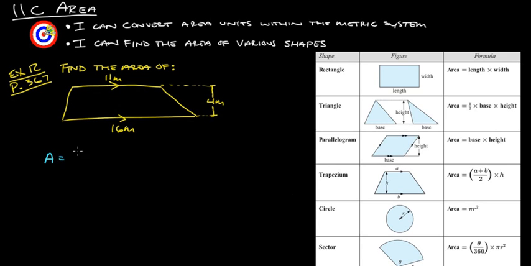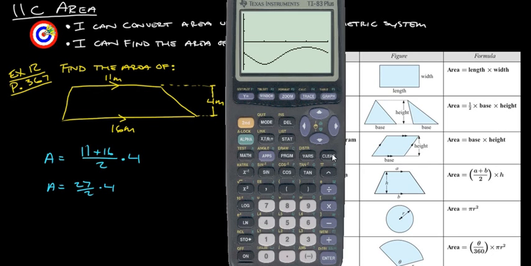So in this case, we would get area equals 11 plus 16 divided by 2, and then multiply that by 4. So we get 27 over 2 times 4. So let's multiply that out. Okay, so we got our graphing calculator here.